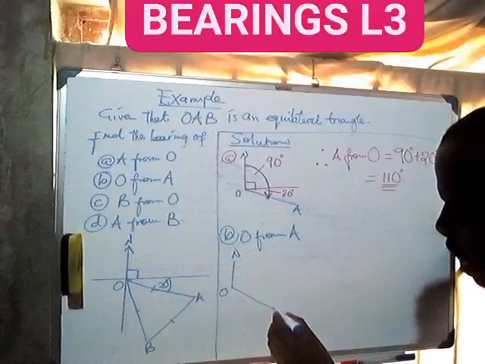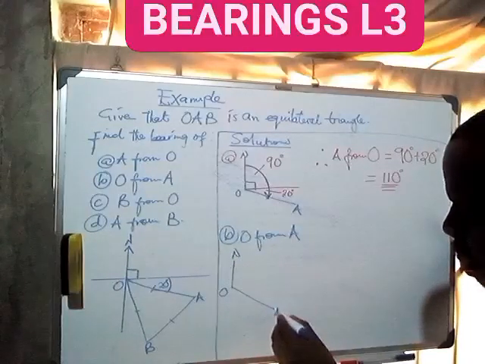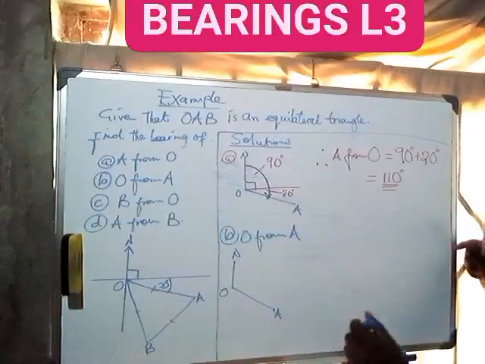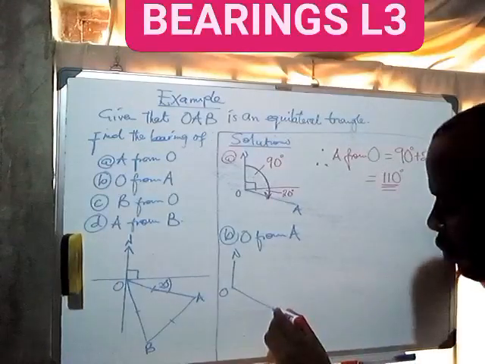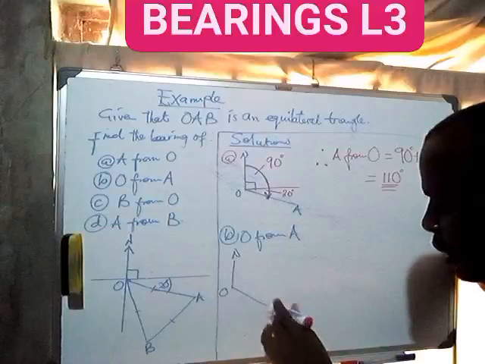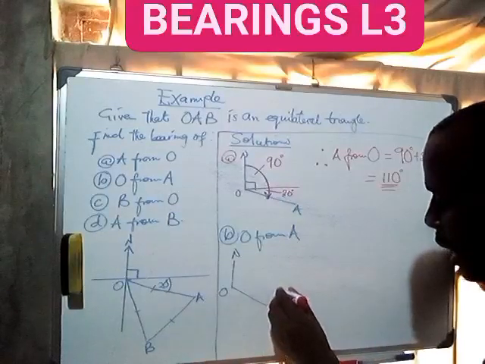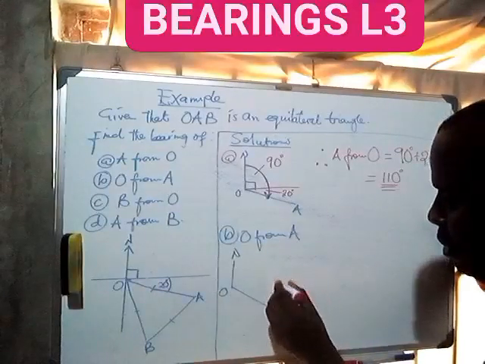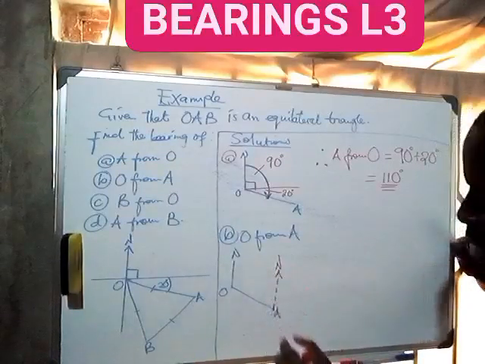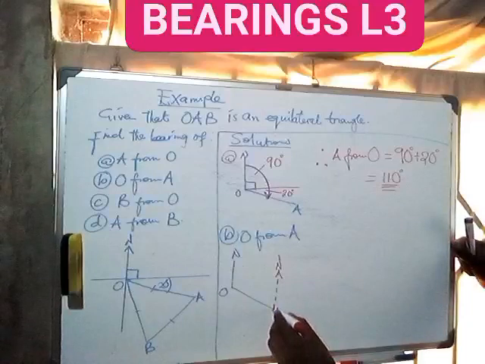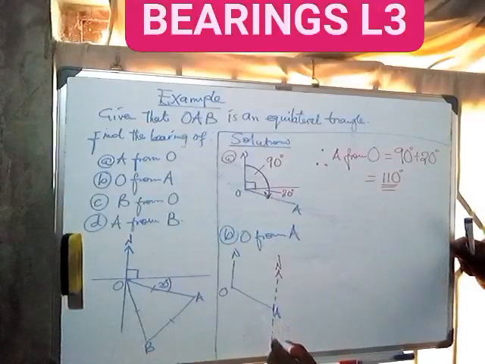Then we have our A. Our A is somewhere here. So for the O from A, this means that at A, we are going to draw our north. This is the north we are going to have. Then we can even extend it like this.